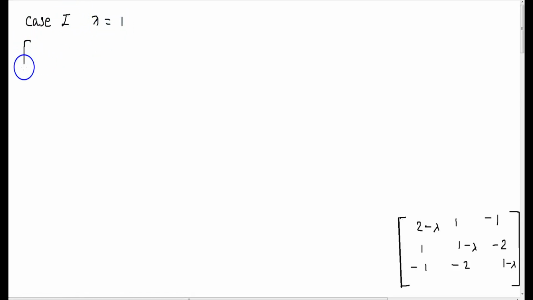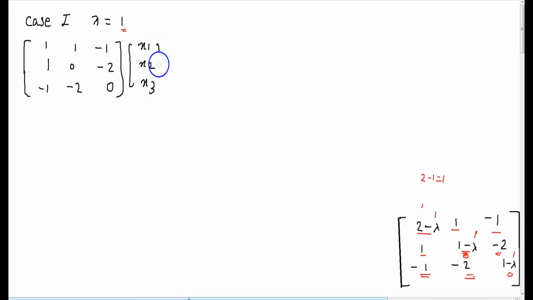Consider lambda equal to 1 as case 1. Subtract the value of lambda from diagonal elements of matrix A. Then we get the matrix as first row as 1 1 -1, and the second row is 1 0 -2, and third row is -1 -2 0 into x1 x2 x3 equal to 0.